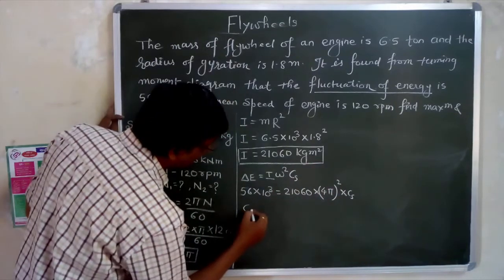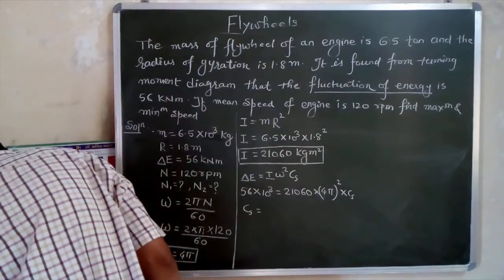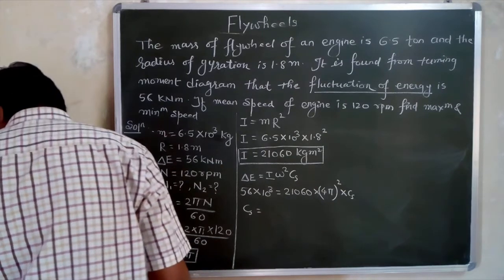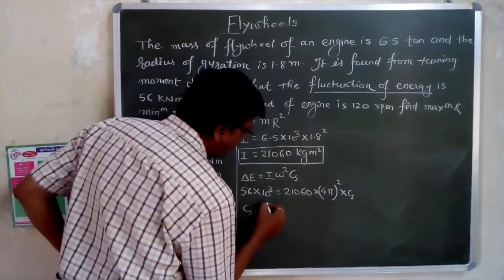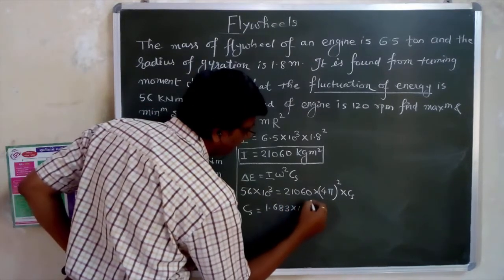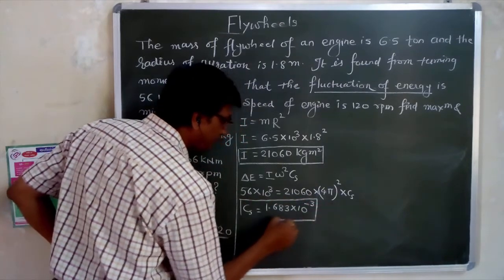From this you can calculate CS as 1.683 into 10 raised to power minus 3. So you got the CS now.